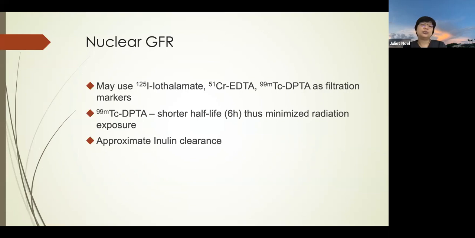So they use nuclear medicine as the marker, no? So it's either the iothalamate or the technetium DTPA as filtration marker. Commonly we use the technetium-99 DTPA simply because it has a shorter half-life, which minimizes radiation exposure.